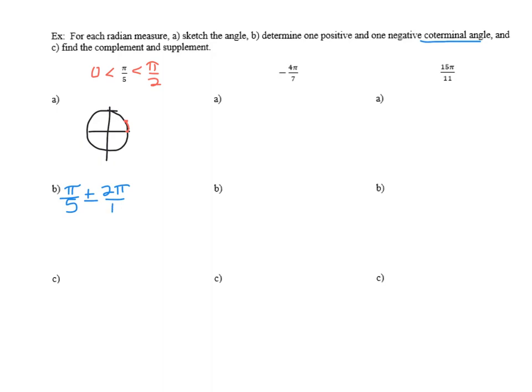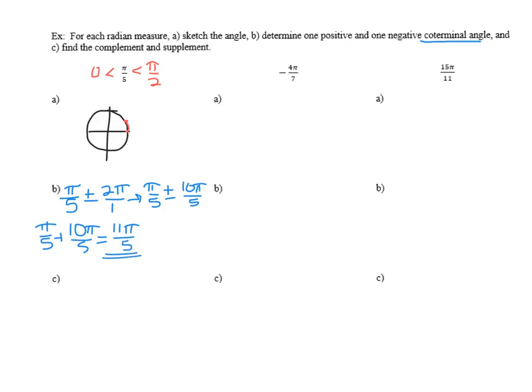In order to add and subtract fractions, we need a common denominator. A common denominator of 5 and 1 would be 5. That gives us pi over 5 plus or minus, well 2 pi over 1 would be equivalent to 10 pi over 5. Therefore, to get our positive angle measure, if we add them, pi over 5 plus 10 pi over 5 would simply be 11 pi over 5.